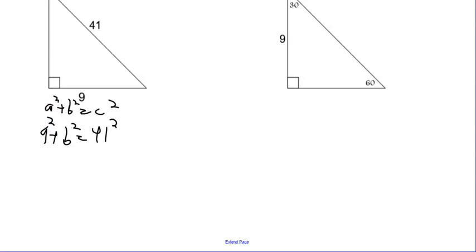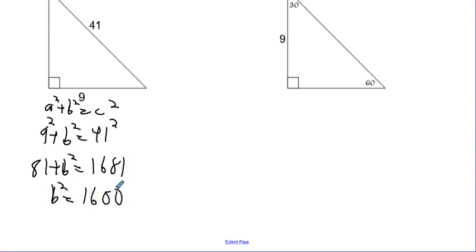Knew something didn't look right. 81 plus b squared equals 41 squared, which is 1681. I subtract 81, that's pretty easy. So b squared equals 1600. And the square root of 1600 is 40. So b equals 40. And I ask myself, does that make sense? Yep, it does. It's okay, as long as it's less than 41, because the hypotenuse, remember, is the longest side.